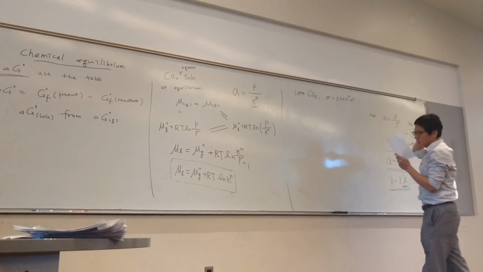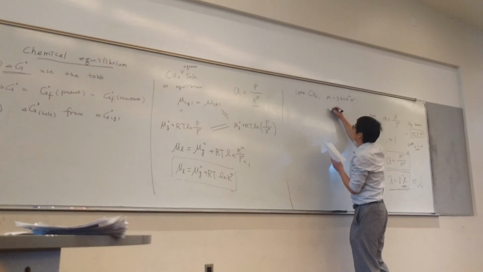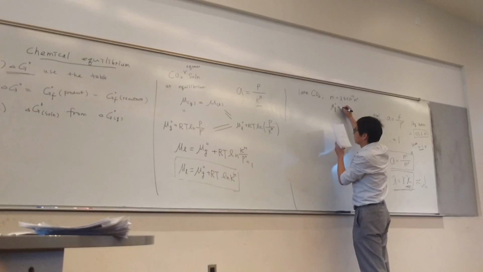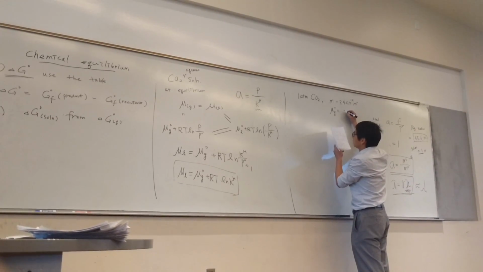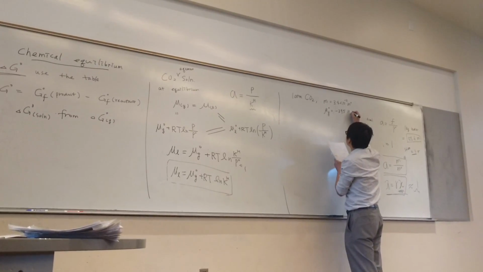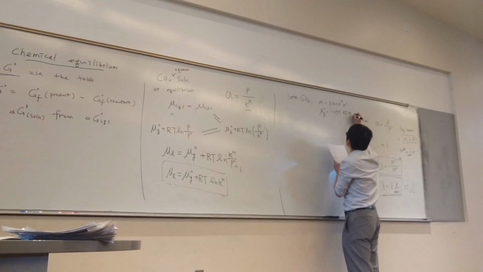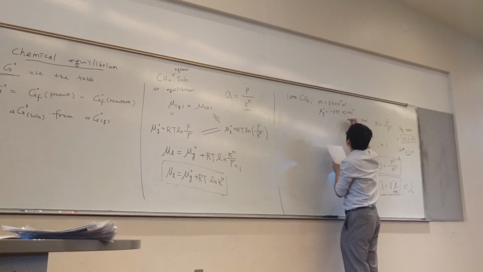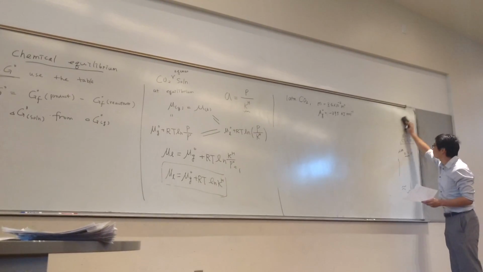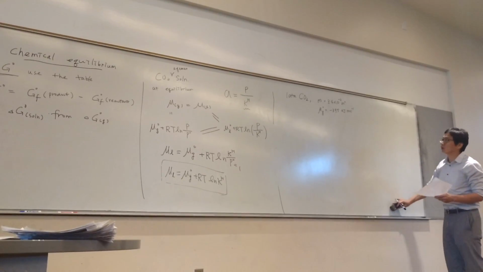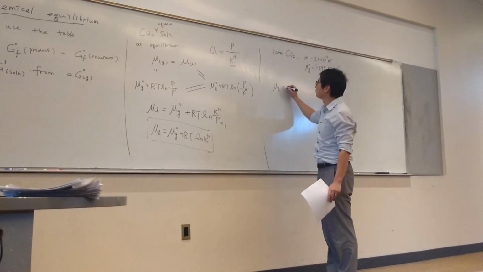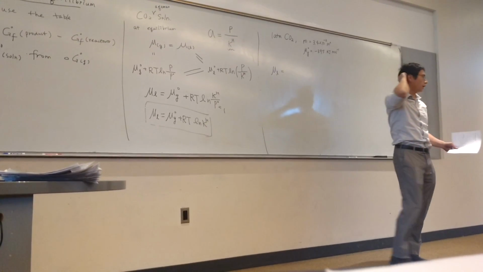And if you know the chemical potential of CO2 under standard condition is equal to negative 395 kilojoule per mole. Assuming you get this information, then you can calculate the chemical potential of CO2 in the solution.